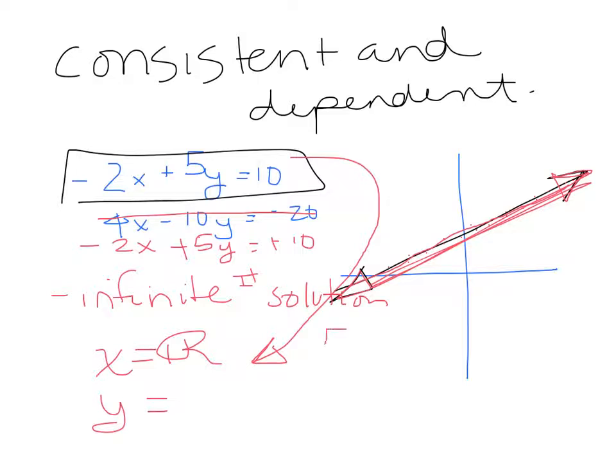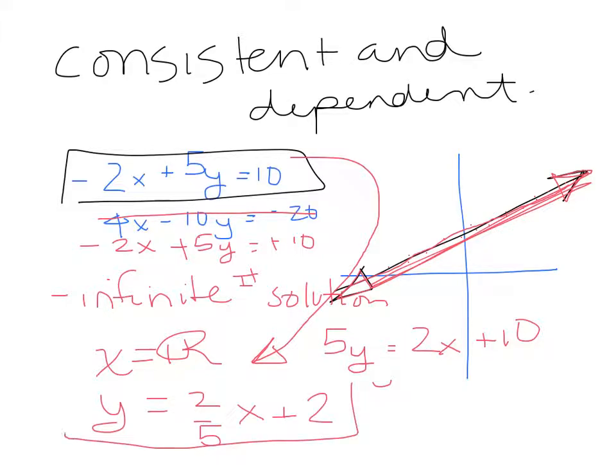So let me just go the in-between. 5y is equal to 2x plus 10. So I can go over here now. y is equal to 2/5 x plus 2. And this would be my solution. y is dependent on x, although there is an infinite number of solutions, because they are the same line.